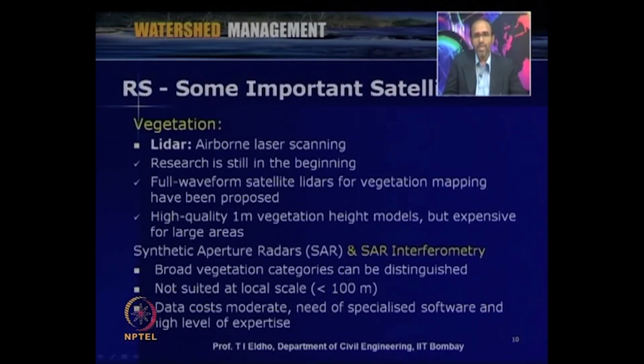The data cost is moderate, and specialized software and a high level of expertise are required to process this data. So, in that way various systems are available, and for specified problems or cases, we can get specified satellite data, process it, and utilize it for that particular application.